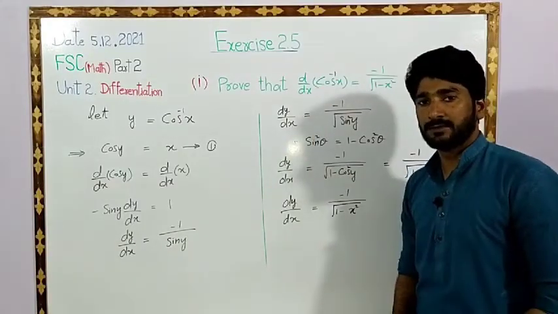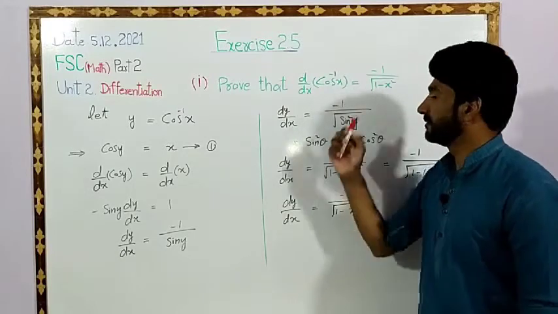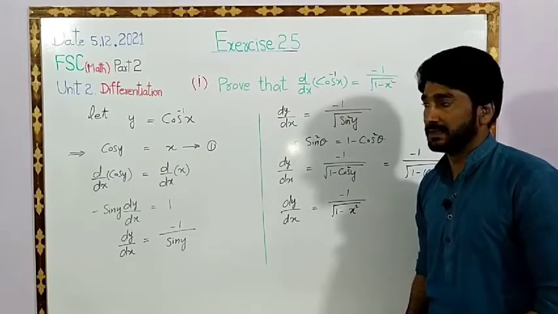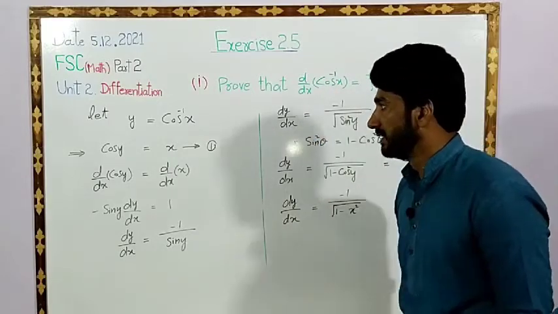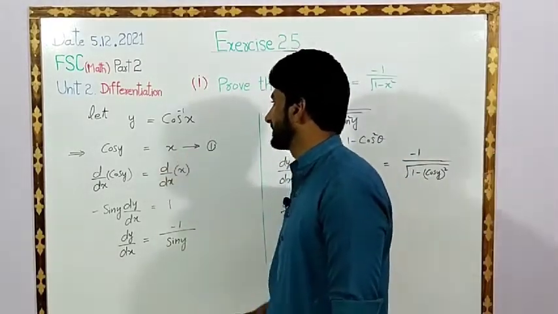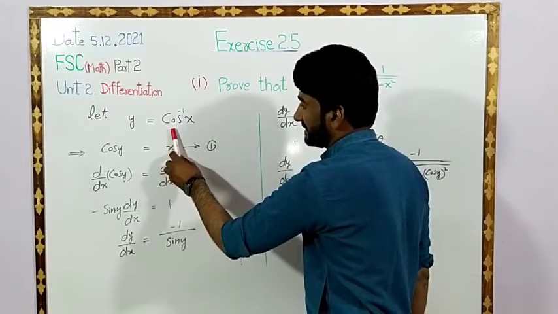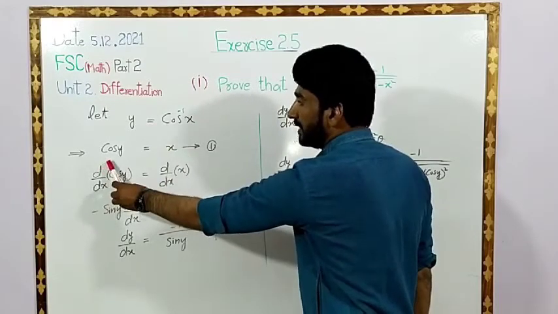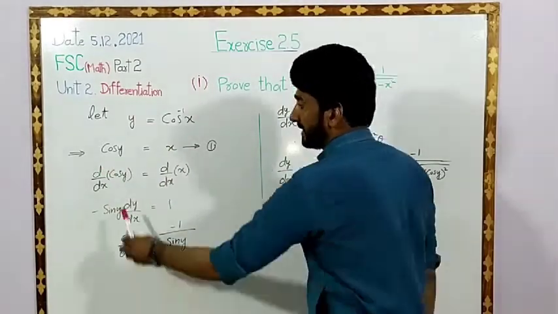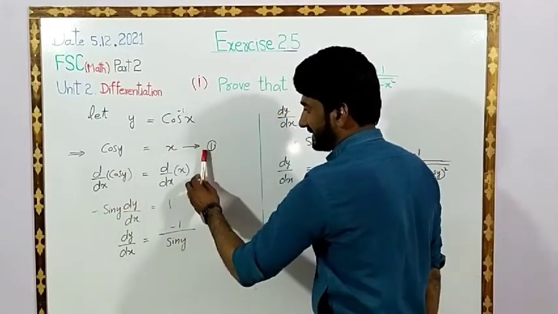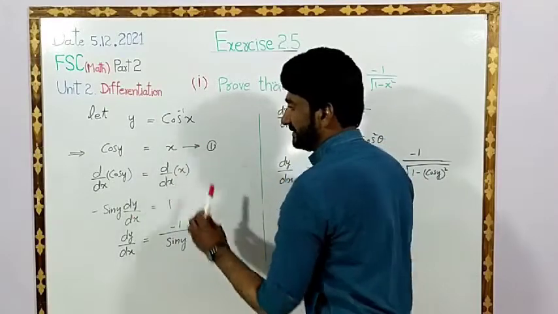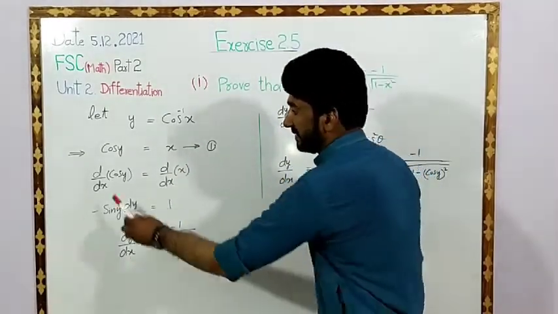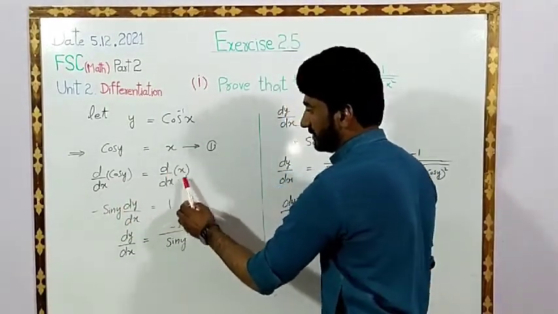Secondly, prove that the derivative of cos inverse x is equal to minus 1 over under root 1 minus x square. Here we let y is equal to cos inverse x. When cos inverse moves to the left side, we can write cos y is equal to x, and this is equation number 1. Now we apply the derivative with respect to x on both sides: d over dx cos y is equal to d over dx x.